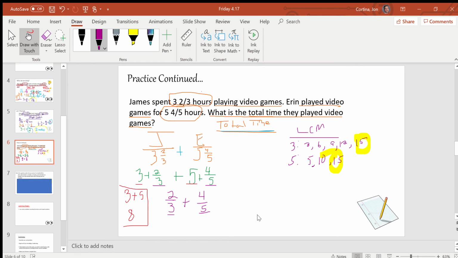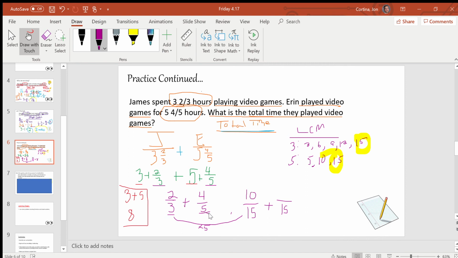So we're going to take each of these numbers, and our new denominator is going to be 15. We're going to write it to the side this time because we're running out of room on the bottom. How did we get from 3 to 15? That's right, we multiplied by 5. So 2 times 5 gives us 10.